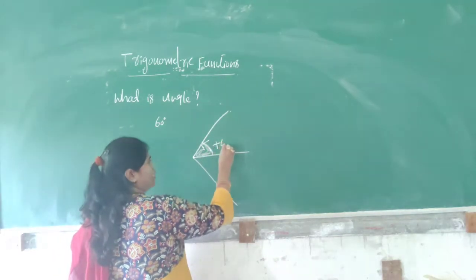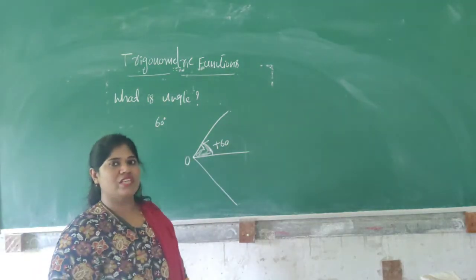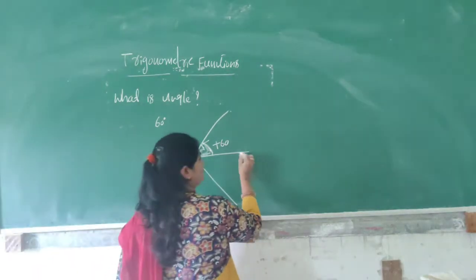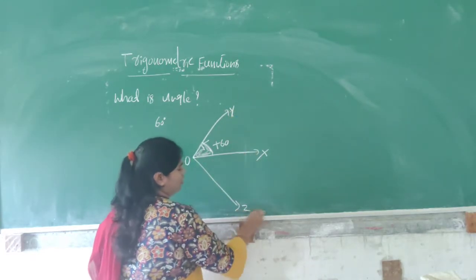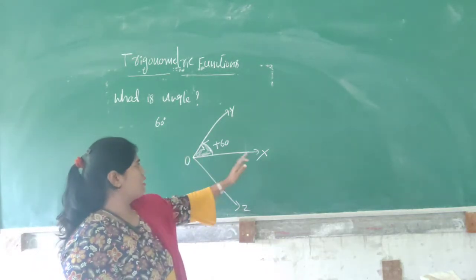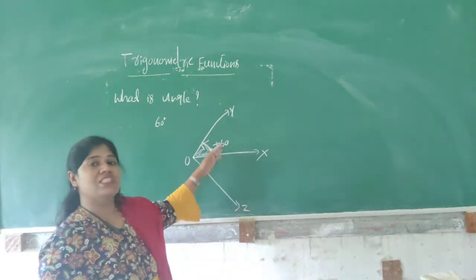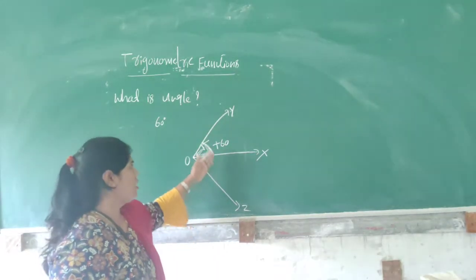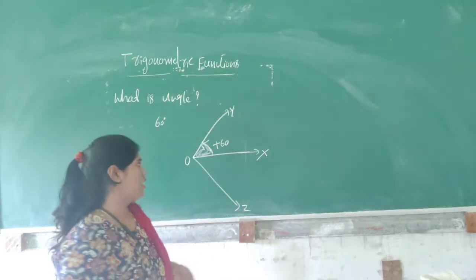This one is plus 60. This is the initial point, O is the vertex, this one is X, this one is Y. We can call it any line. So OX and OY make a positive angle, plus 60 degree, because the rotation is towards anti-clockwise direction.